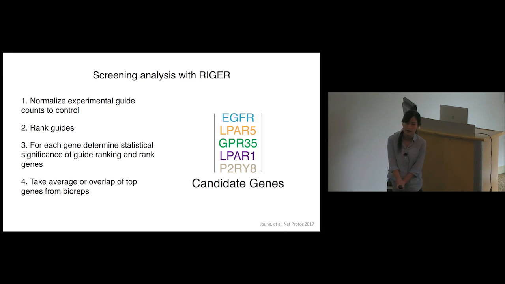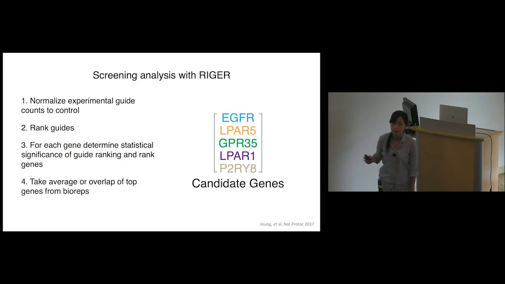So for the screening analysis, most screening analysis algorithms follow a general theme where you normalize the guide counts in your experimental condition to the guide counts in your control condition. Then you rank the guides based on the fold change. And then for each gene, you look at where the guide rankings are. And if there are multiple guides that are fairly enriched, then you call that gene as significant.